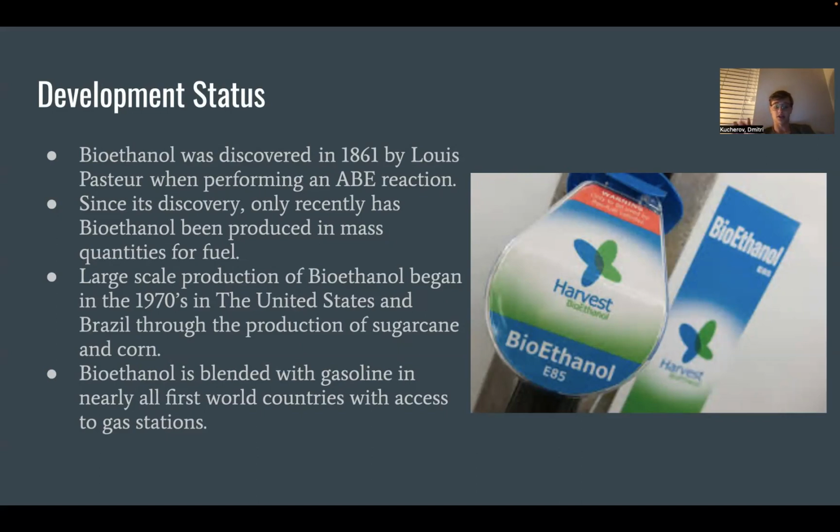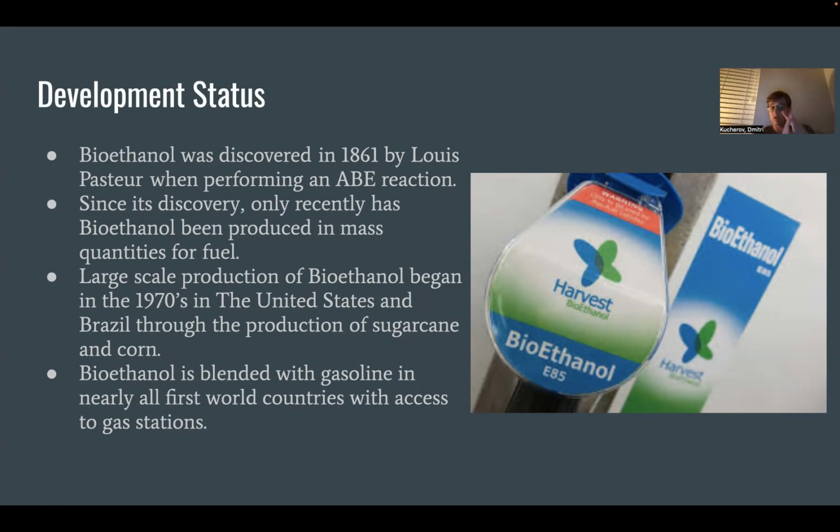Here it says large-scale production of bioethanol began in the late 1970s in the United States and Brazil through the production of sugarcane and corn. Only within the last half century have we decided to use the ethanol produced from this ABE reaction for a fuel. So bioethanol is blended with gasoline in nearly all first world countries with access to gas stations.